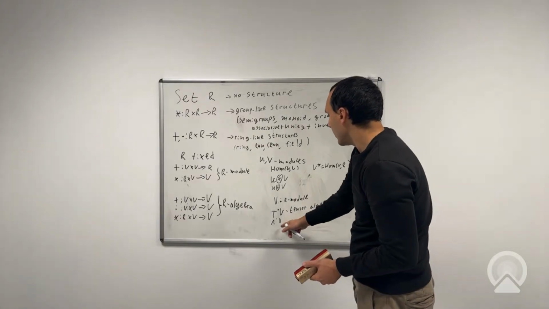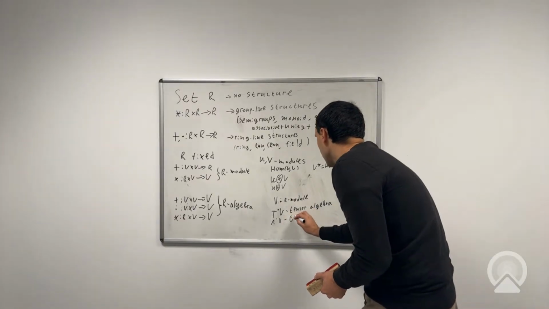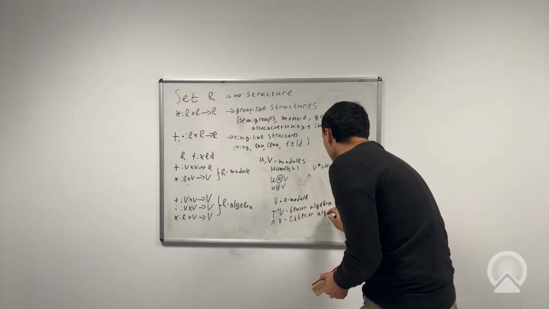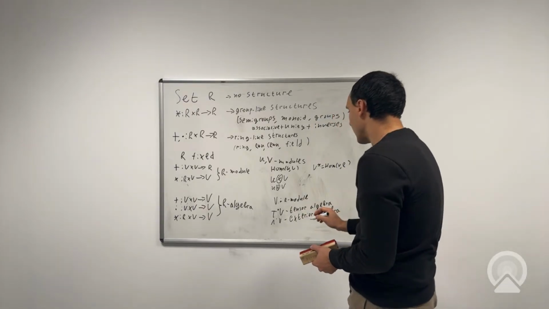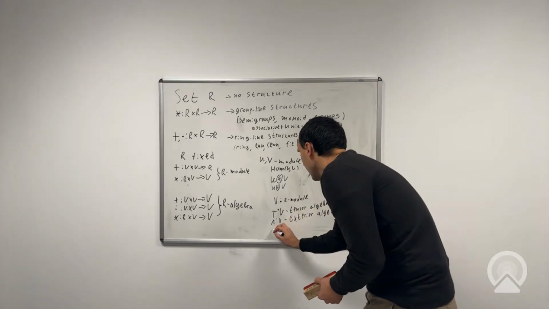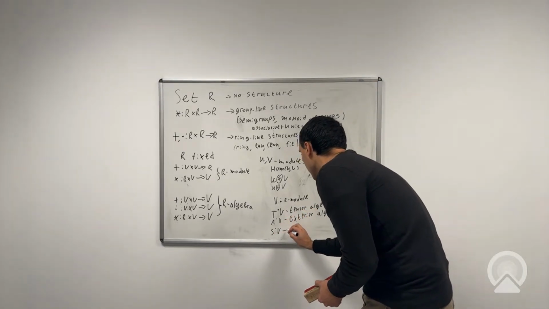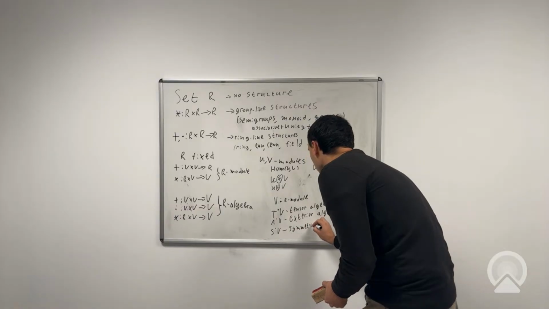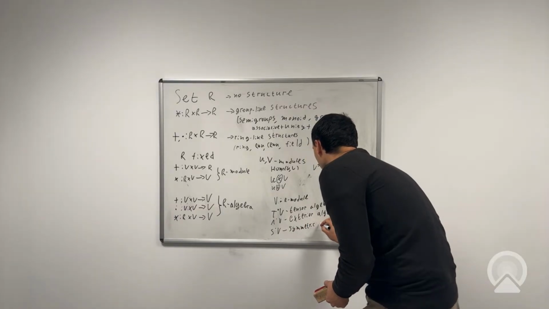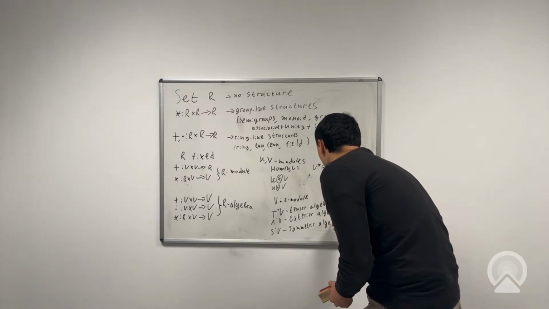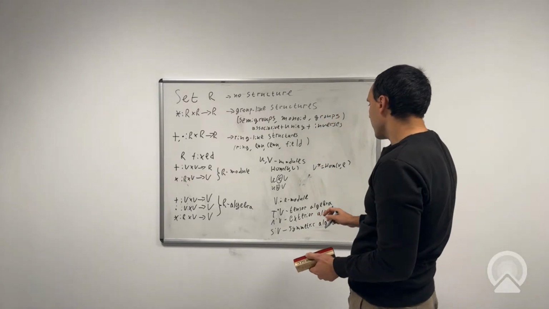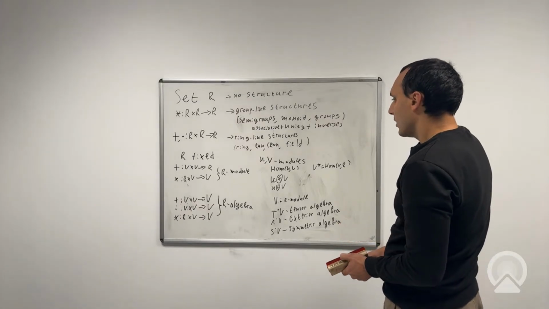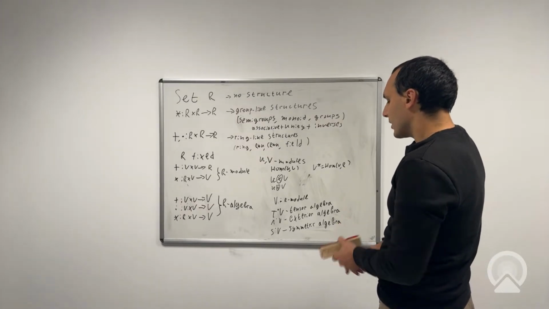And if we add the alternating property, we get the exterior algebra. There is also one important algebra which I didn't talk about, the symmetric algebra. This is the smallest algebra that is associative, unital, but also symmetric. And this is what we've done.